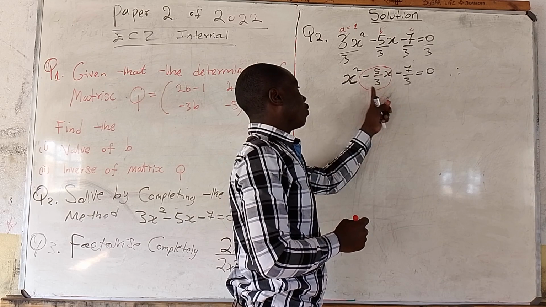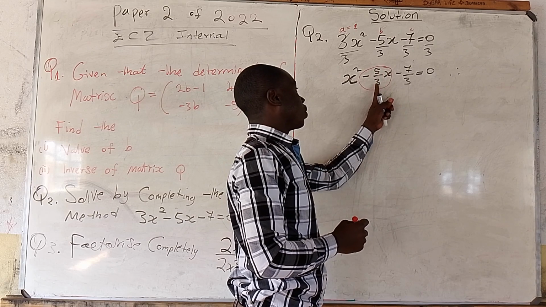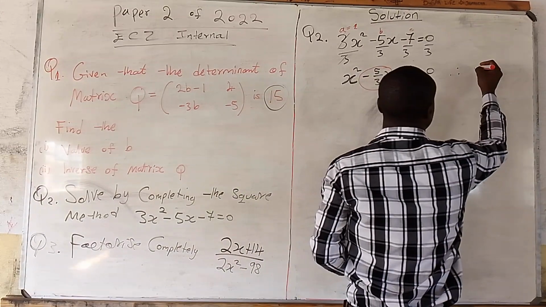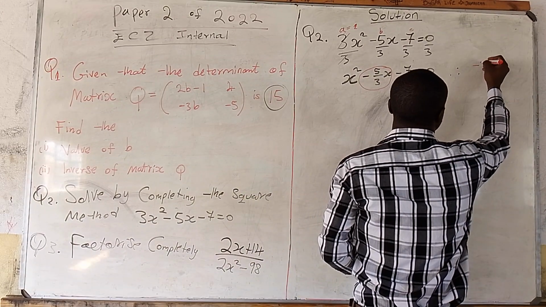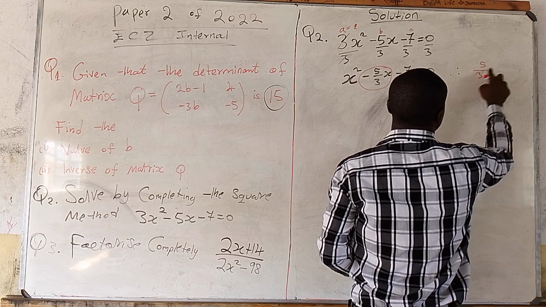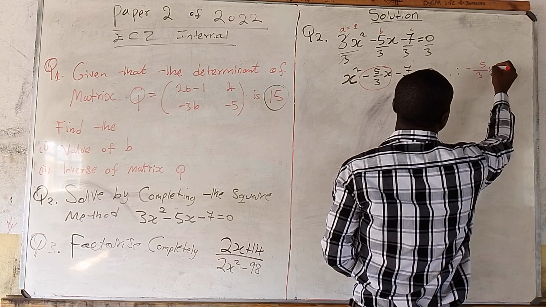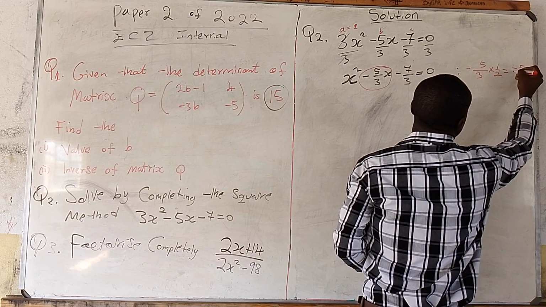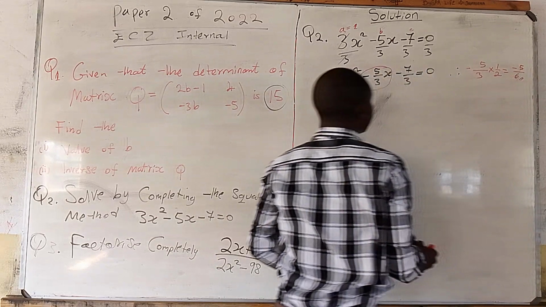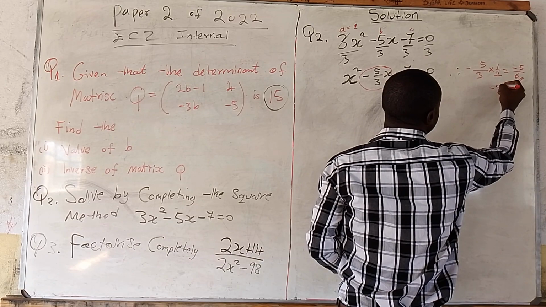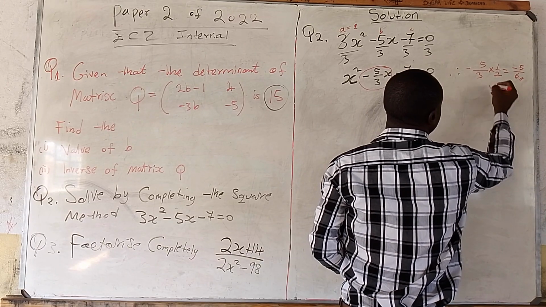Now we focus on negative 5 over 3 and find half of it. You simply multiply it by half, and that will give you negative 5 over 6. Now, we need to square this, so we're going to have negative 5 over 6 squared.